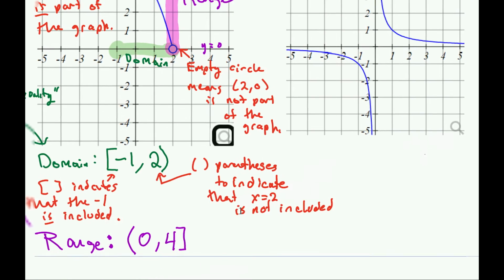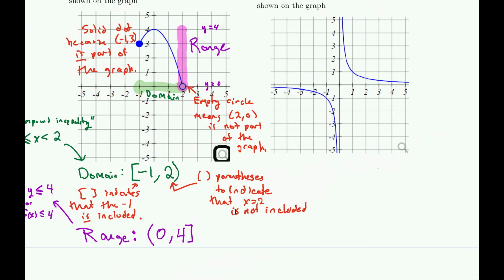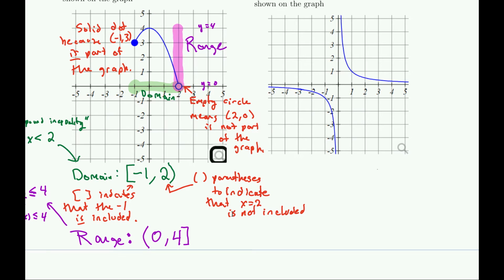Okay, let's move on to this graph. Conceptually, there's no difference here. From a practical standpoint, there might be. So again, domain and range, we're thinking about x values and y values. So for the x values, all of the x values going out forever in this way, all the way up to 0 get used, right?